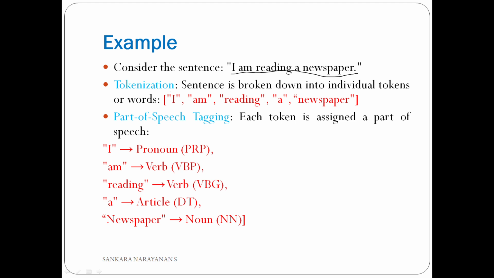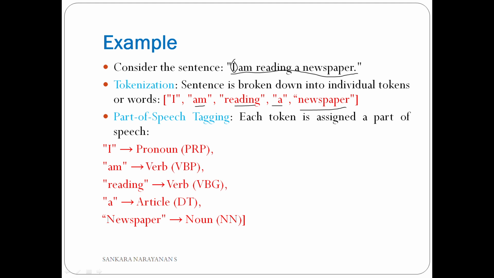Tokenize means the entire sentence is broken down into individual tokens or words. Here, I is the first token, am is the second token, reading is the third token, a is the fourth token, and newspaper is the fifth token. There are 5 tokens in this example.